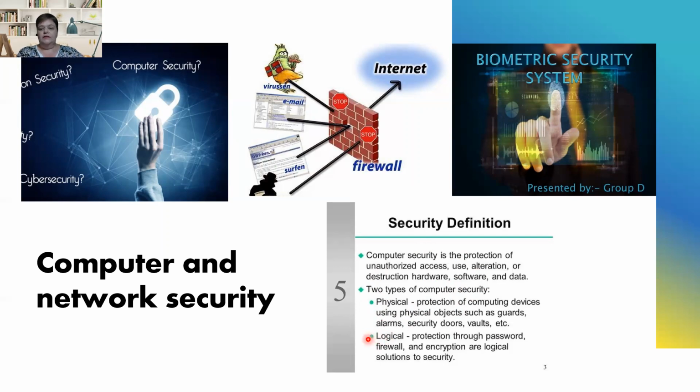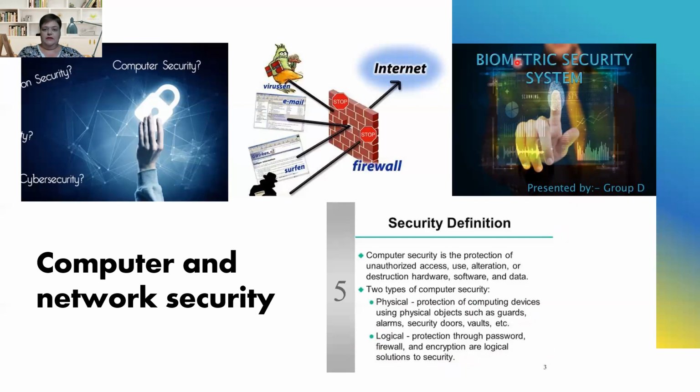This protection is through having a good password. I'm going to teach you how to create a strong, secure password so that someone cannot hack into your system. There's also the firewall. Then we get encryption, for example, and biometric security. These are logical.